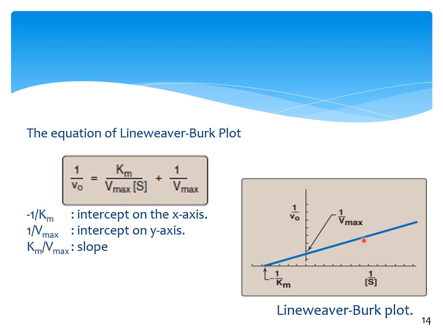This straight line is more helpful to understand the enzyme kinetics. The derived equation states 1 upon initial velocity is equal to Km divided by Vmax multiplied by 1 upon substrate concentration plus 1 upon Vmax.